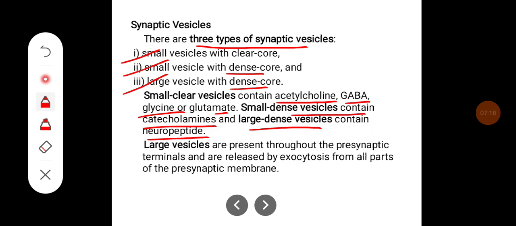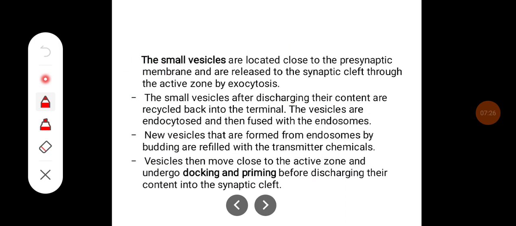Large vesicles are present throughout the presynaptic terminals and are released by exocytosis from all parts of the presynaptic membrane, whereas small vesicles are located close to the presynaptic membrane and are released into the synaptic cleft through the active zone by exocytosis. The small vesicles, after discharging their content, are recycled back into the terminal.